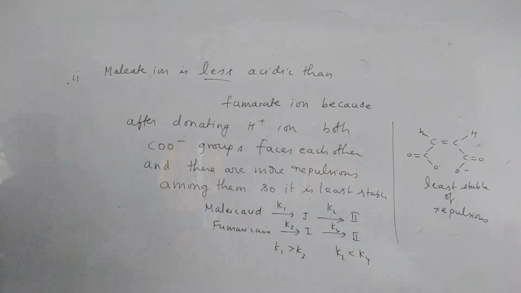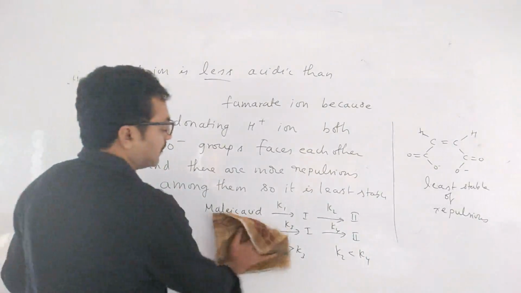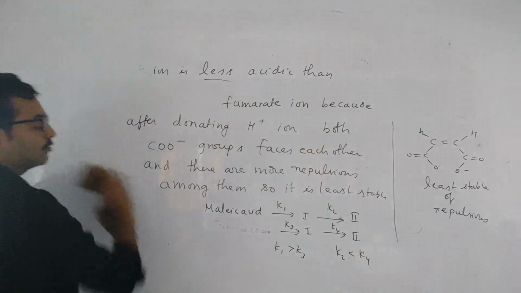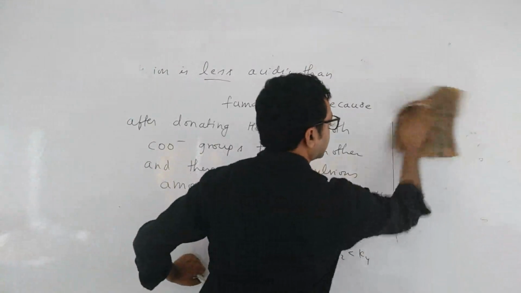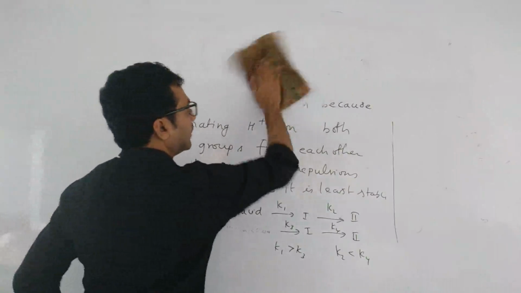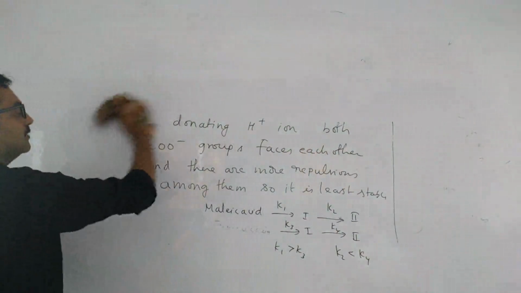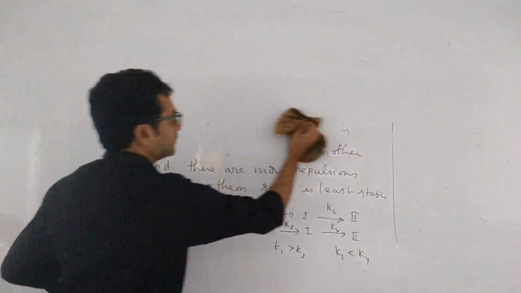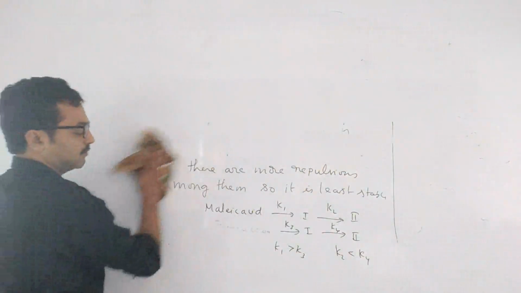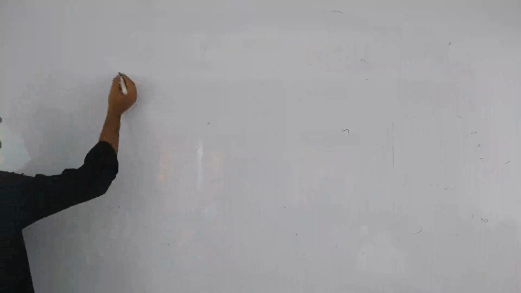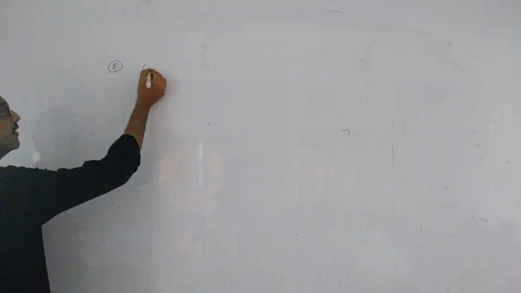You'll see some basic compounds also. How to remember the dicarboxylic acids? And what happens if the dicarboxylic acid length increases? That thing you should know. Dicarboxylic acids in order, you can write.